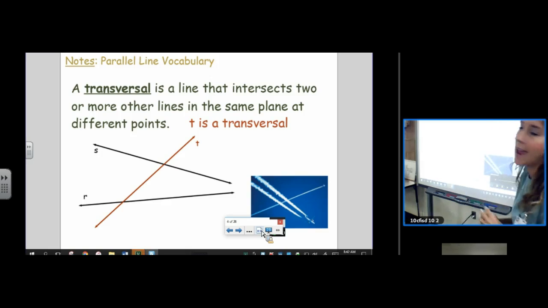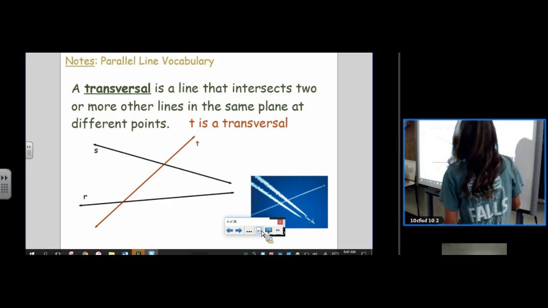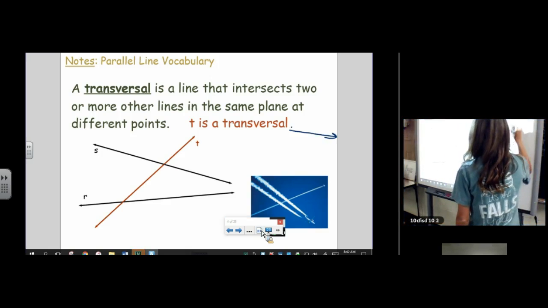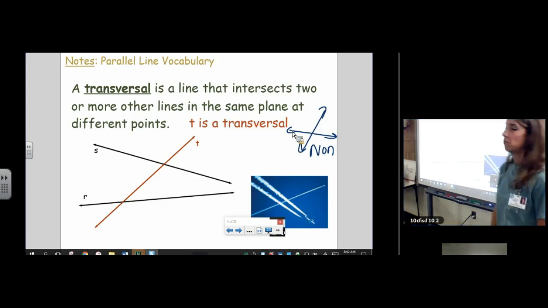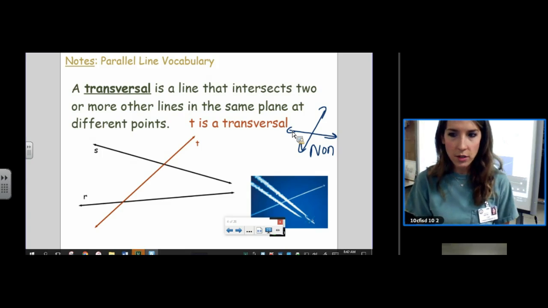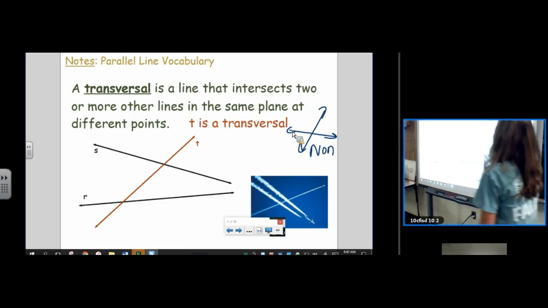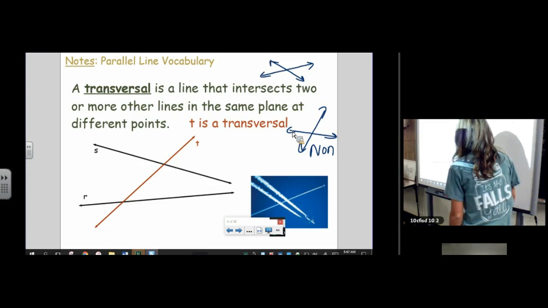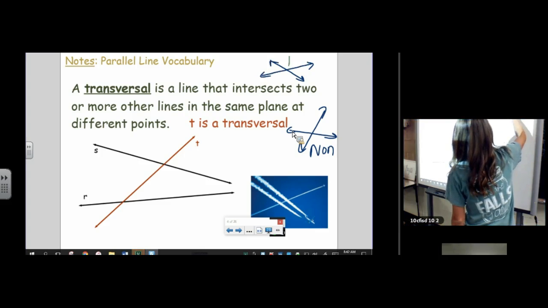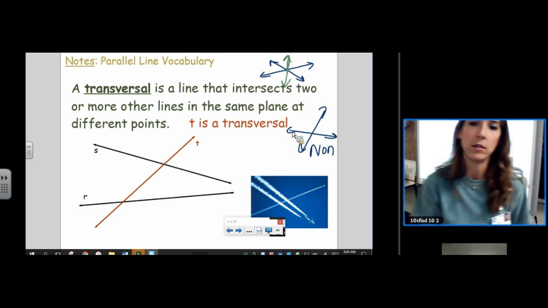So let me show you what a non-example looks like. That's a non-example. Neither of those lines are transversals. Let me show you another non-example. I'll make it the green one. Why is that green one not a transversal?